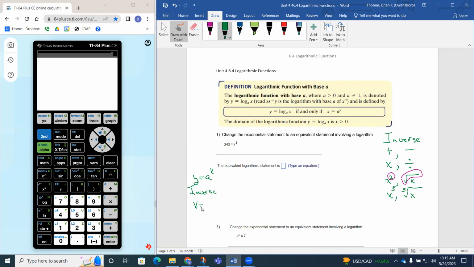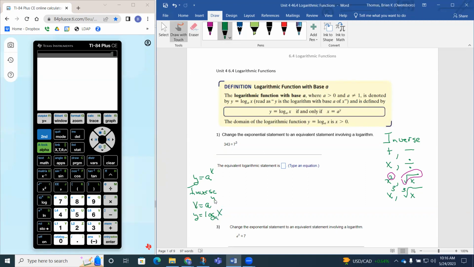So x is equal to a to the y. Now, to solve for y, there's no way to solve this for y. So this is where a logarithm comes into play: y equals the log of x base a.